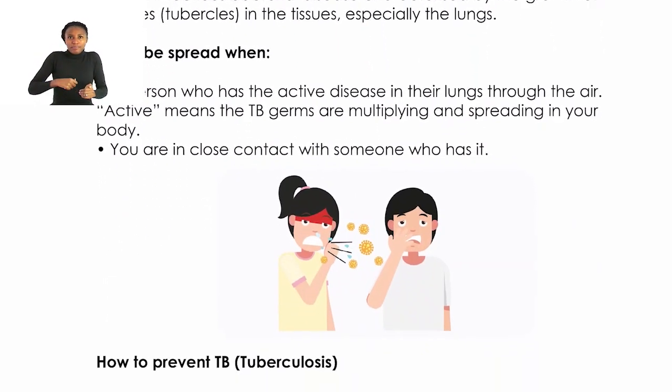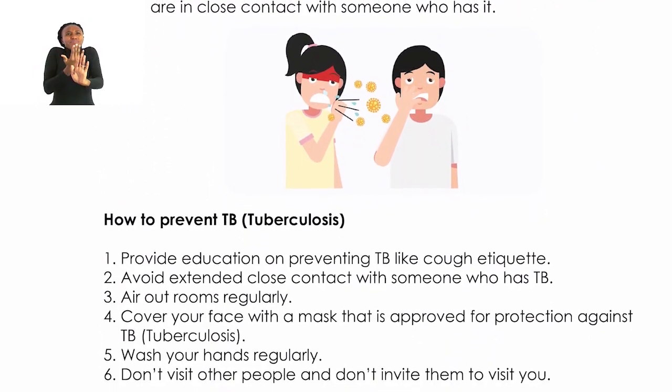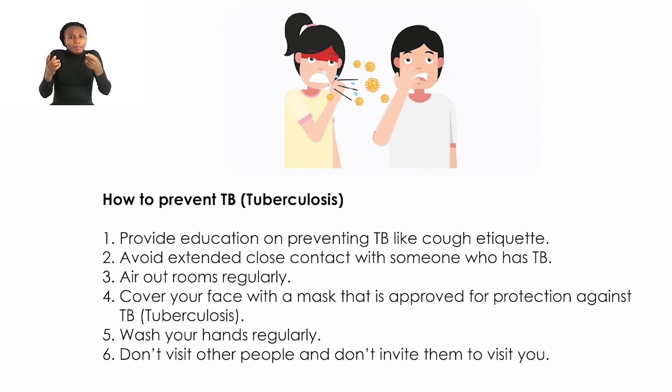Right. So how do we prevent getting TB? How to prevent TB? Provide education on preventing TB, like cough etiquette. Avoid extended close contact with someone who has TB.